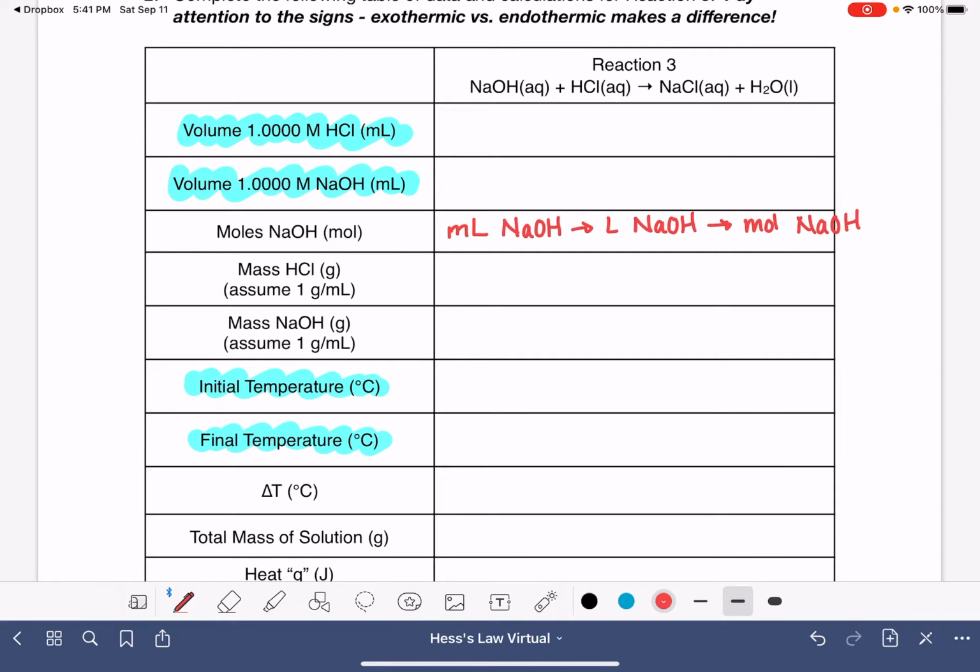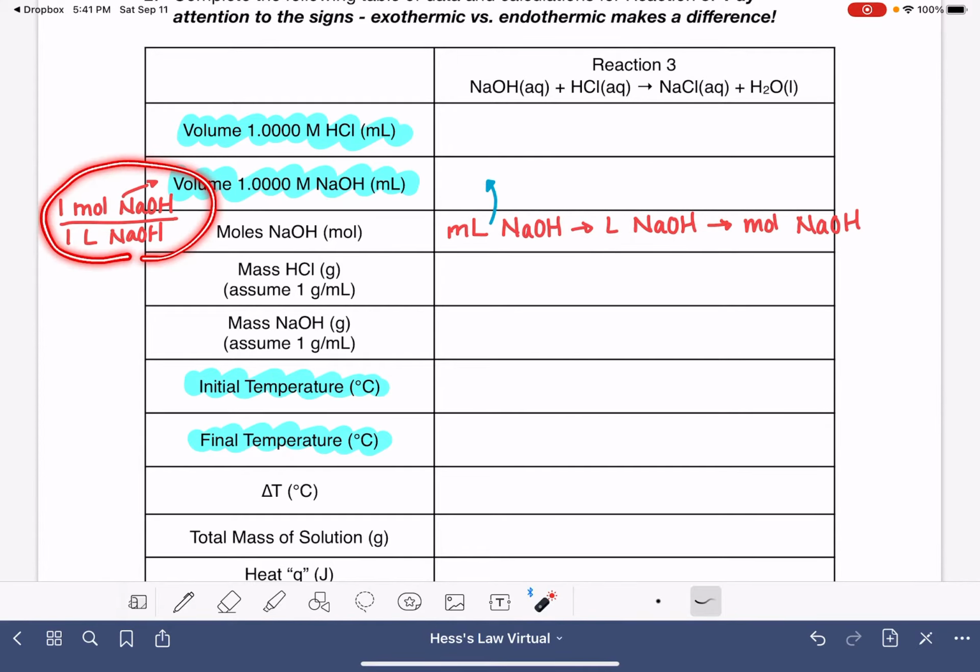And again, we'll be using the molarity as our conversion factor right there. That tells us that we have 1 mole of NaOH for every liter of an NaOH solution. So you can use your milliliters of NaOH and convert that into liters, and then use this conversion factor over here to convert it into moles.